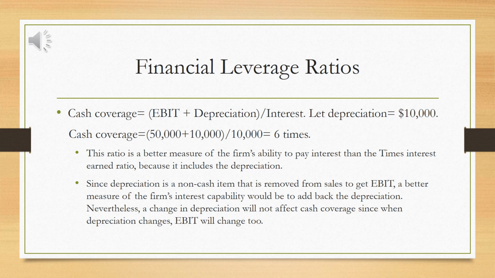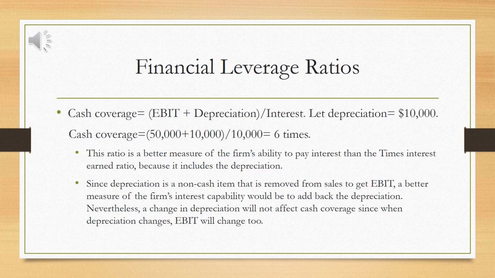Cash coverage equals earnings before interest and tax plus depreciation over interest. Let depreciation be $10,000. In this case, cash coverage would be 50,000 plus 10,000 over 10,000, which is 6 times. This ratio is a better measure of the firm's ability to pay interest than the times interest earned ratio, because it includes the depreciation.